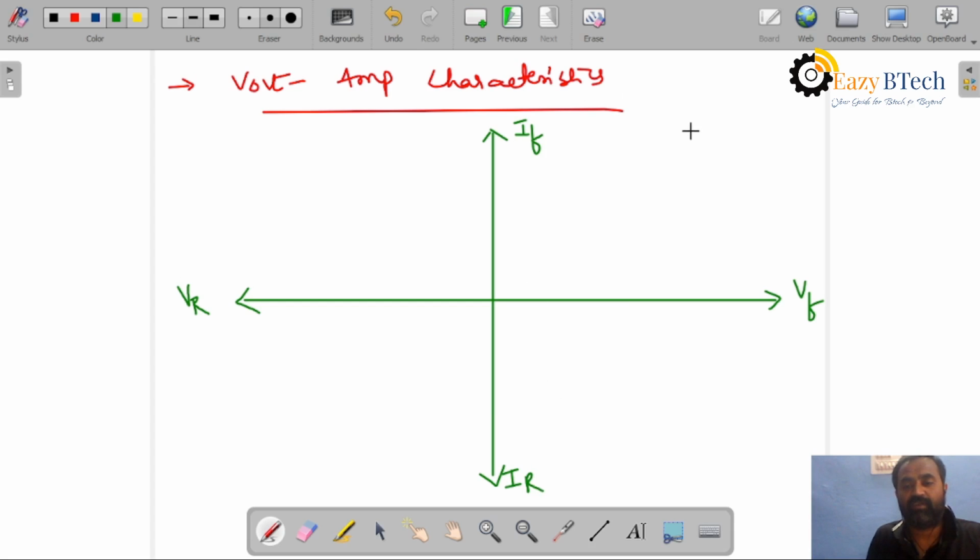Now it is a forward bias region, it is a reverse bias region. Okay, under forward bias, this diode is similar to a PN junction diode.